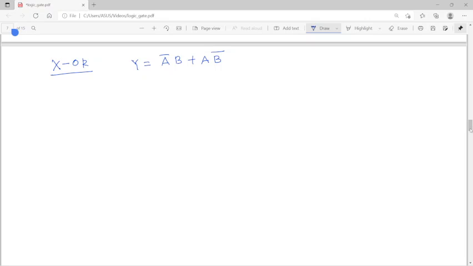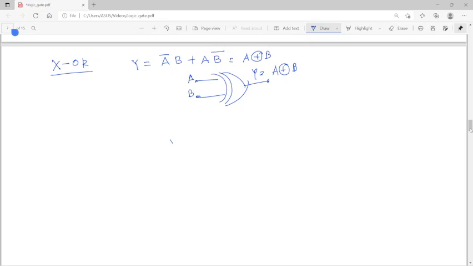That is nothing but the XOR gate, and the symbol is like this. If this is A and B, you can write it like that, with the plus-in-circle XOR sign. This is the symbol for representing that A bar B plus A B bar can be represented by this sign.